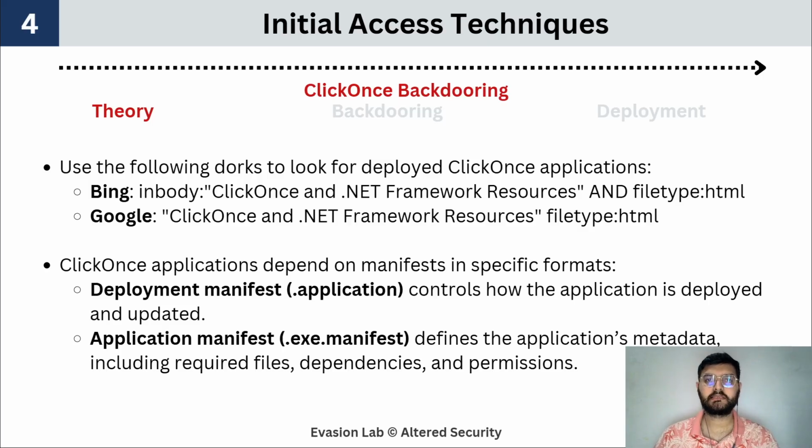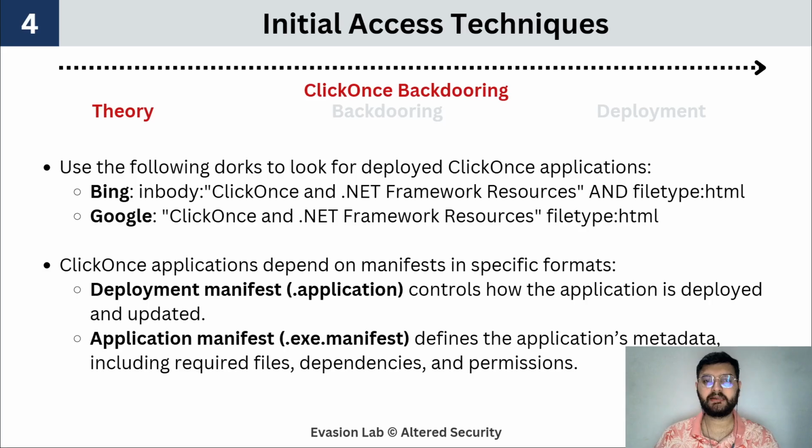ClickOnce deployments rely on manifest files. There are two important manifest files that we need to focus on. The first one is the application manifest with the extension .exe.manifest. This manifest file defines the application metadata such as required files, dependencies, and permissions.